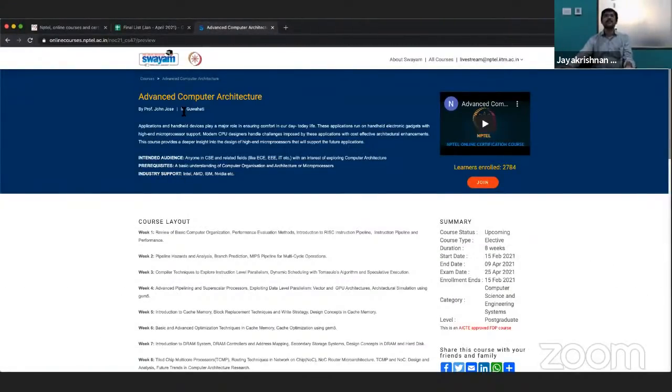If you look at this advanced computer architecture, the intended audience is given over here. So intended audience, prerequisites, industry support. What we mean by industry support is the kind of industries who look at the specific skill sets that you get out of this course. For most of the technical courses, the industry support will be mentioned over there. So the moment you see a couple of industries coming in that particular bracket, it means that the skill set that you get out of this course is job relevant. Okay.